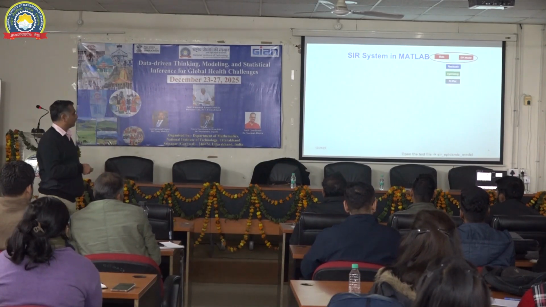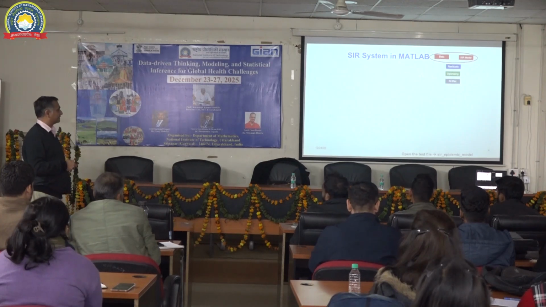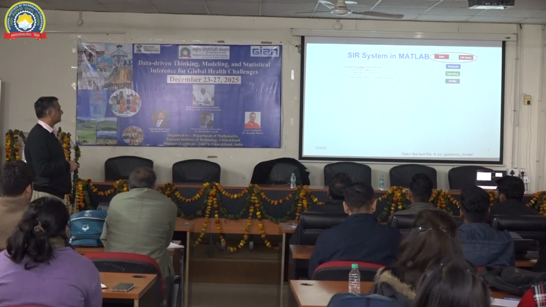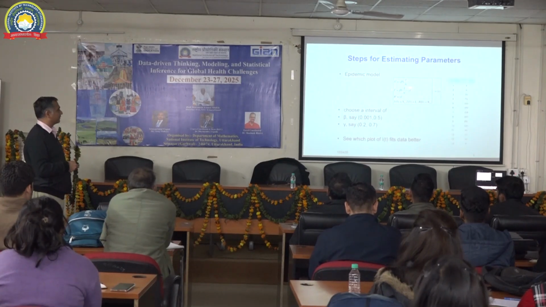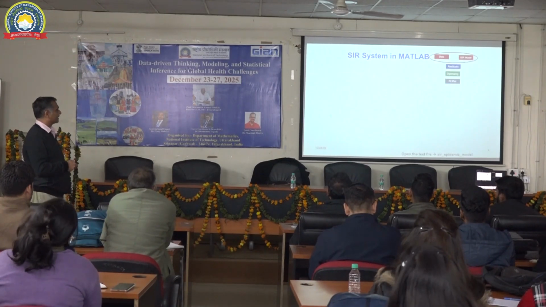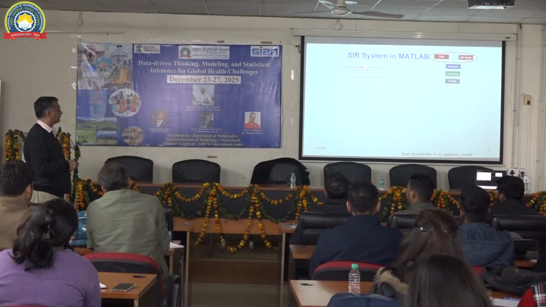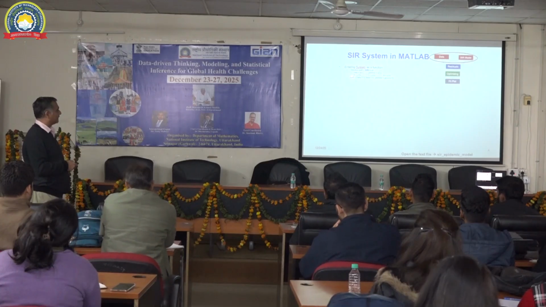The way we simulated in MATLAB, we estimate the model and we get the data. First we have to describe the function for the system, the equations. Remember the model that we have, these equations. You have to write them in MATLAB. So this is the system, which is the SIR system equation.